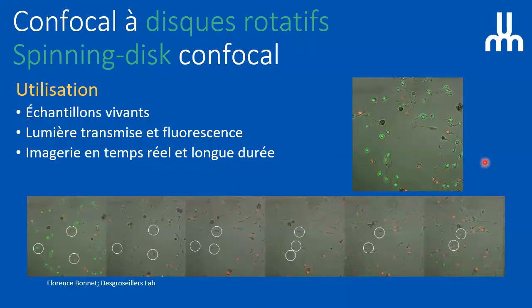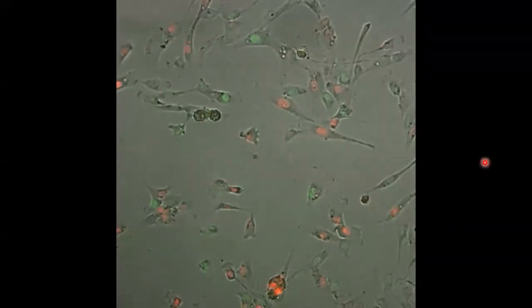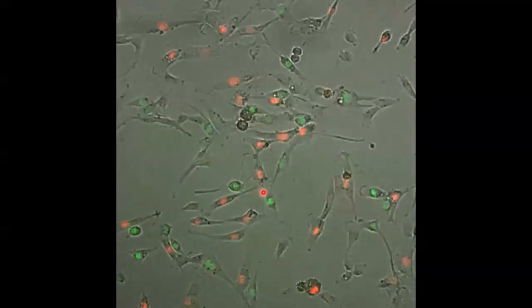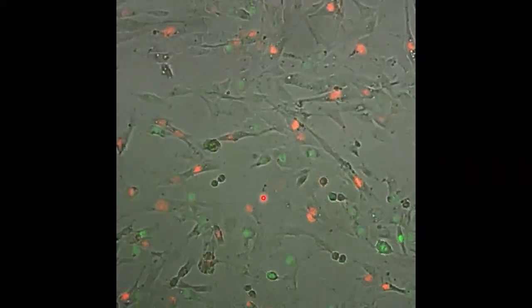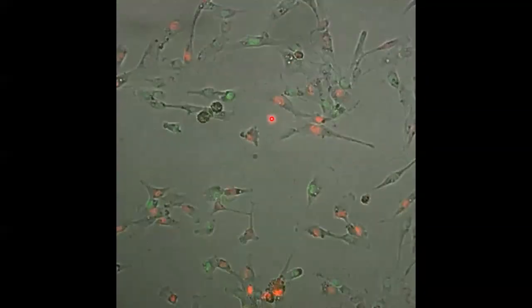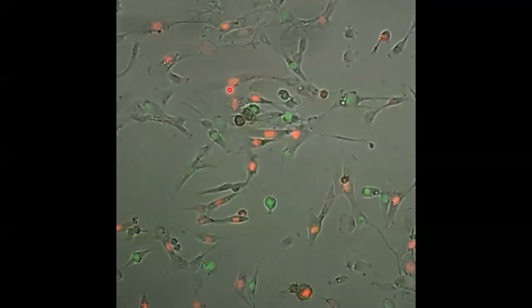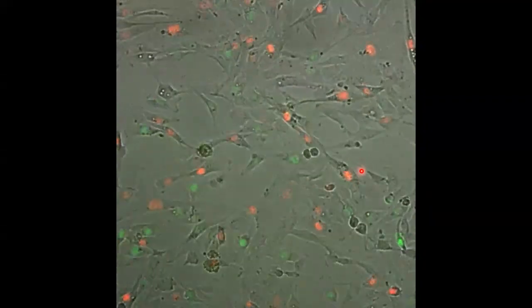Another example of a spinning disk confocal microscope is looking at cells dividing, and this one has a label that shows the cell phase. So there is G1, G2, and division. They change color over time as they divide or when they are in a specific phase.